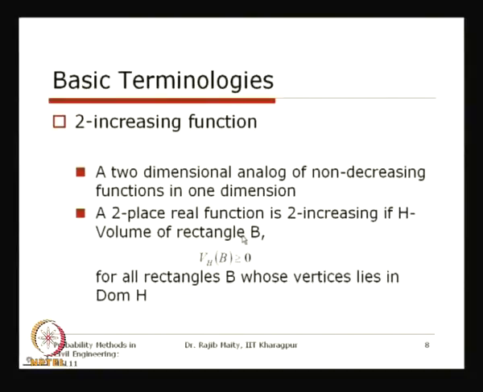So this is the first basic terminology we are taking, the 2-increasing function. What does a 2-increasing function mean? It is a 2-dimensional analog of the non-decreasing function in 1 dimension. So the first point we are making is what its corresponding counterpart is in the 1-dimensional case.